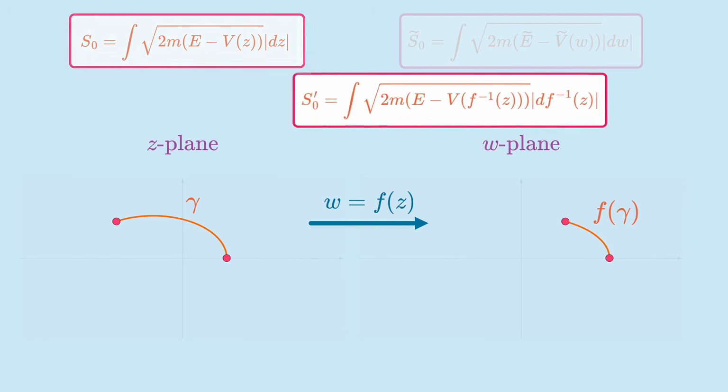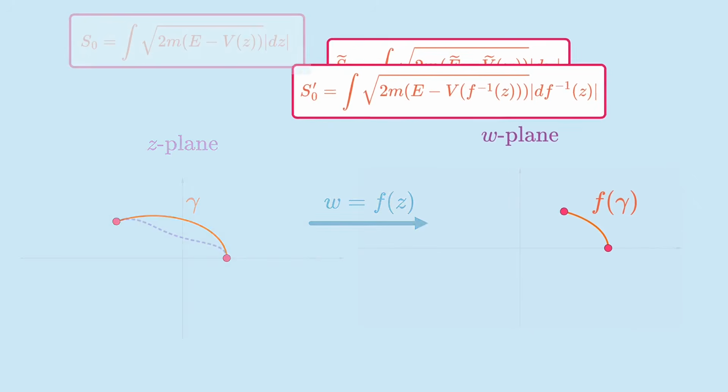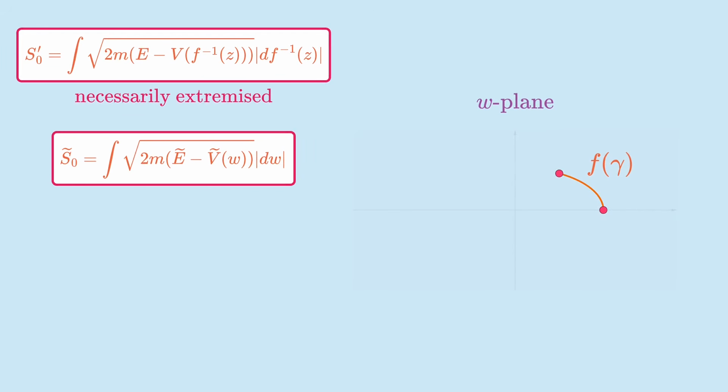So f of gamma simultaneously extremizes these two integrals. I want to emphasize that the integral on top is definitely extremized based on the fact that gamma was originally physical, but the other integral is kind of a wish list where we hope there is an E tilde and a V tilde such that f of gamma extremizes this integral as well.